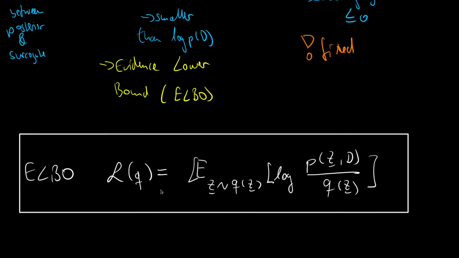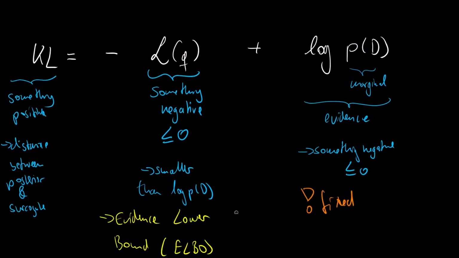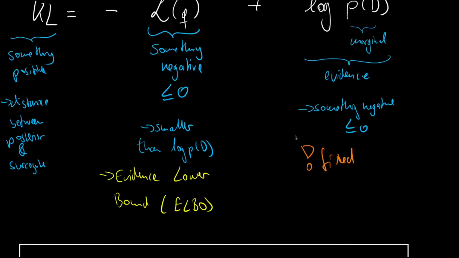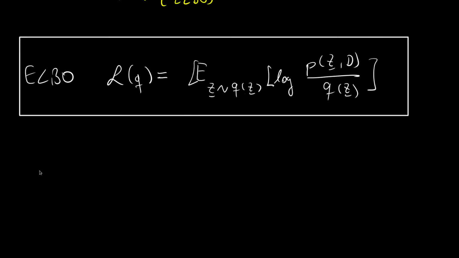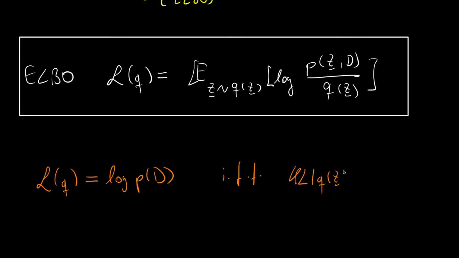Let me also note down that the evidence lower bound is always smaller than the evidence, but it can also be equal to it. So L of Q is log of P of D if and only if the KL of our surrogate to the true posterior is 0, in other words, if the surrogate is our posterior. So it will always be a lower bound.